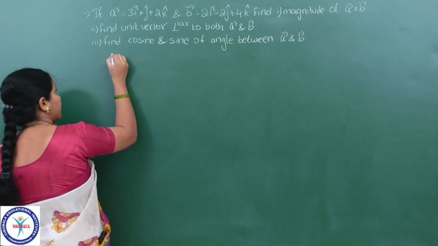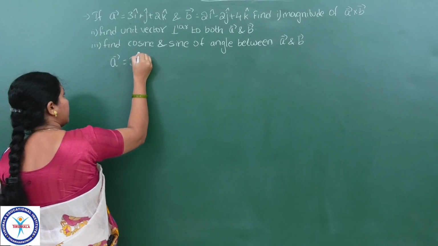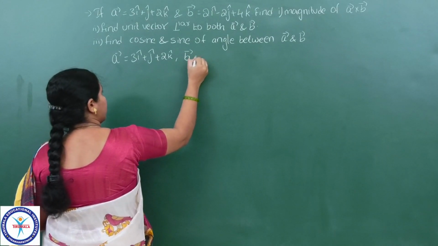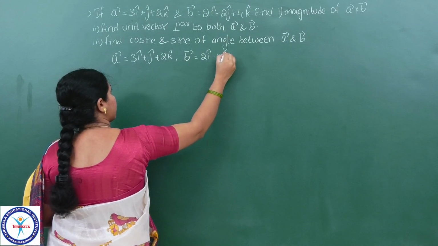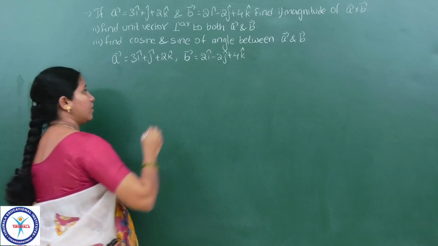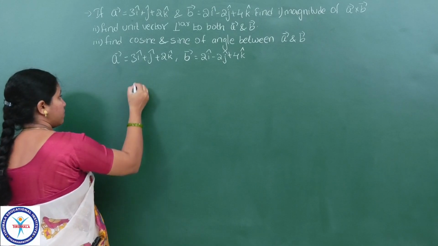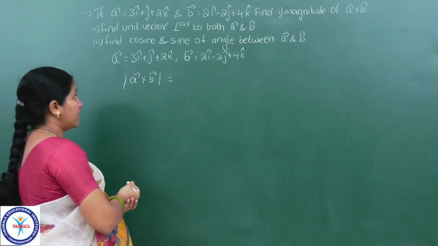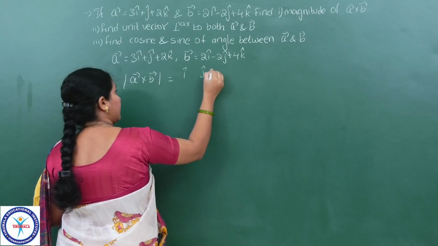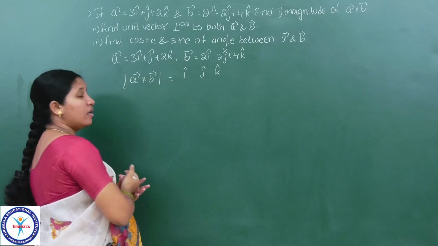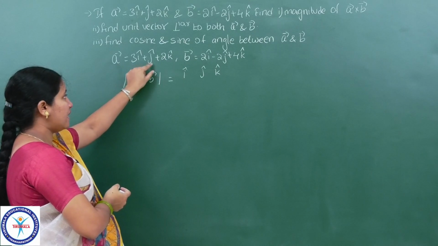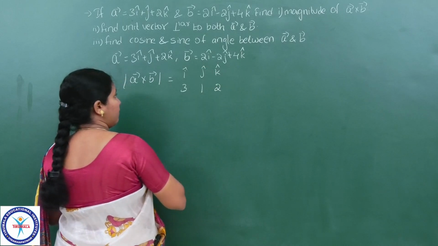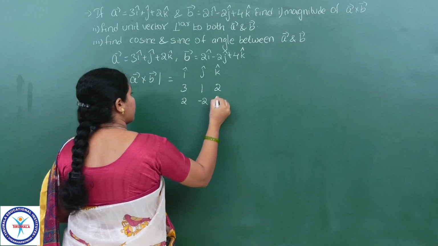To find this, we have to write the given vectors in matrix form, that is i, j, k are the unit vectors, and now write the coefficients of i, j, k for the A bar vector 3, 1, 2, and for B bar vector 2, minus 2, 4.